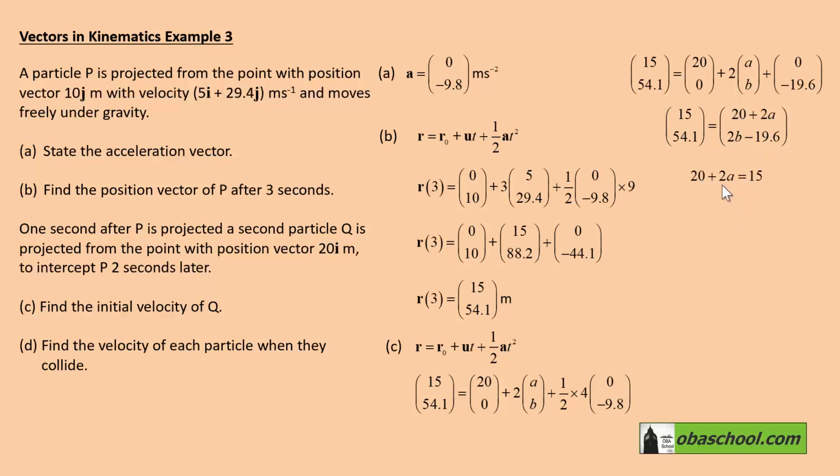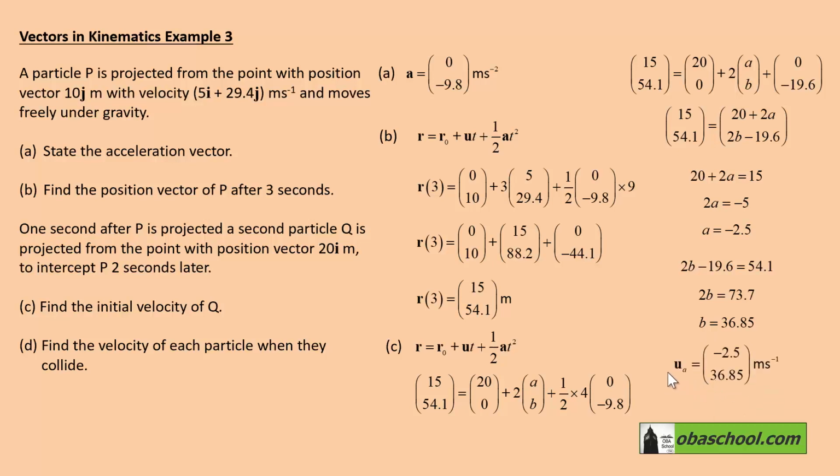So 20 plus 2a is equal to 15. So 2a is equal to negative 5, and therefore a is negative 2.5. 2b minus 19.6 is 54.1. So 2b is 73.7. So b is 36.85.